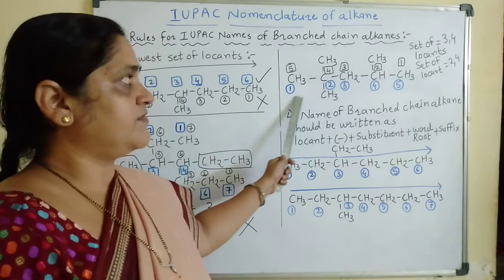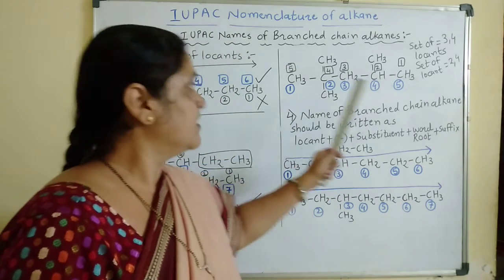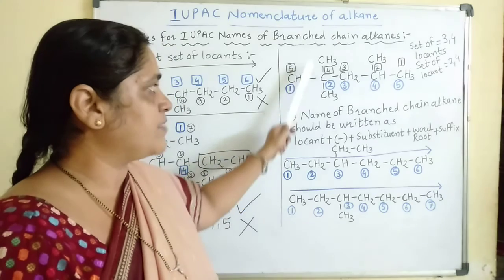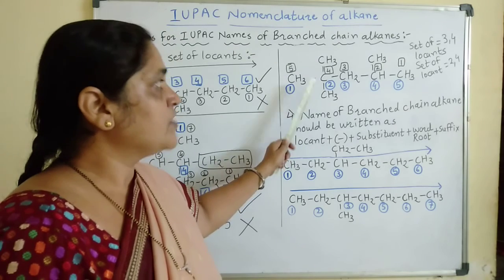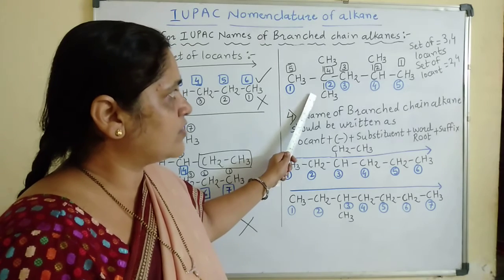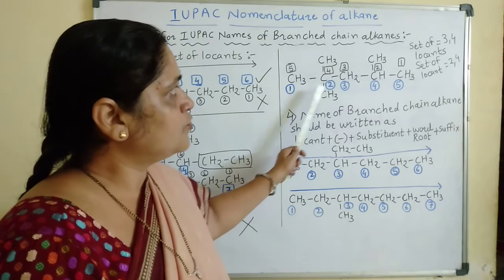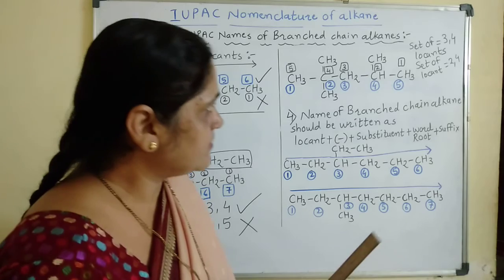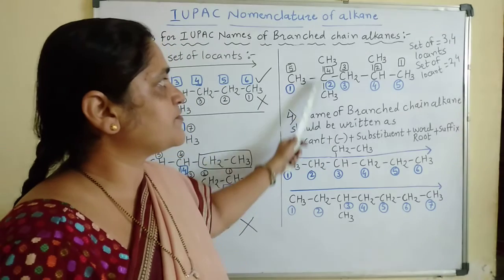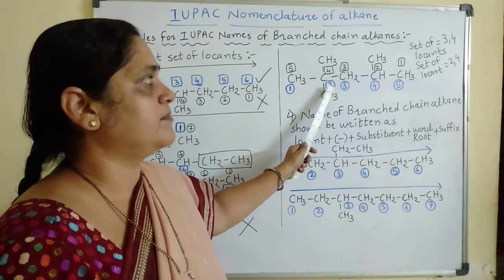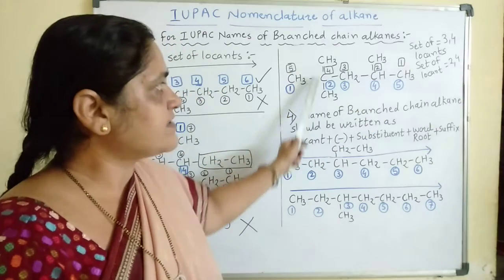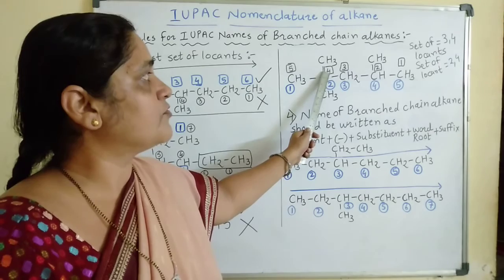So from this end when you are numbering the carbon chain, that time this carbon carrying 2 side chains or 2 branches of alkyl group should get lowest possible number. That is why your locant will be 2, 4. Right? Now this way you are getting here the highly substituted carbon having lowest possible number. If you are coming from right hand side to left hand side, highly substituted carbon is getting locant 4.